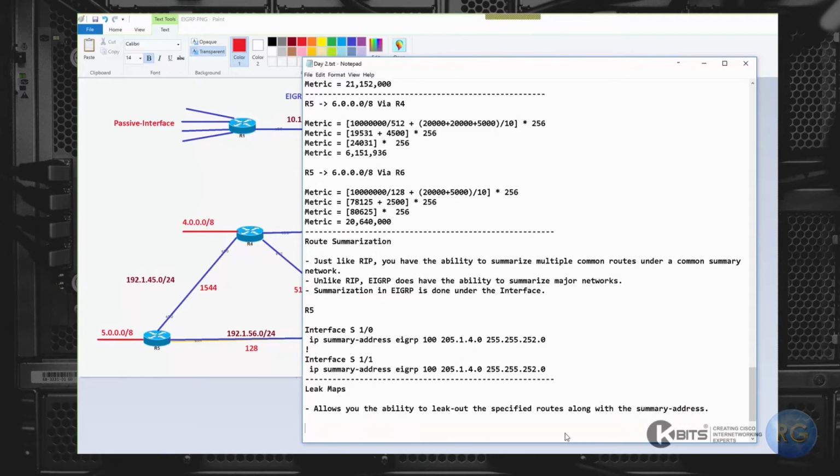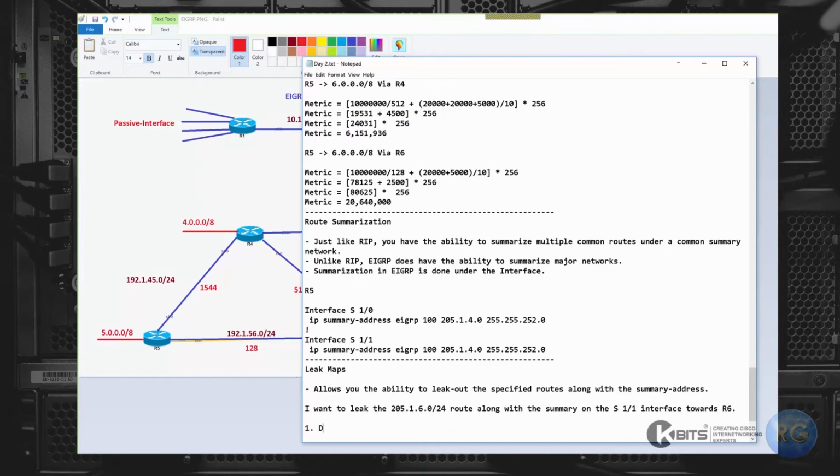All right, scenario, I want to leak the 205.1.6.0/24 route along with the summary on the S1/1 interface towards R6. How would I do it?